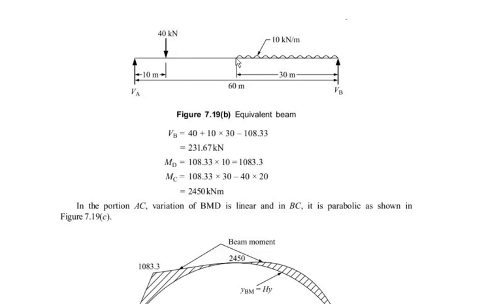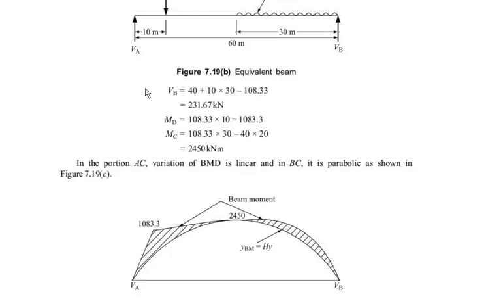So the moment about this point is VA into 30 minus 40 into 20, and the value here is 2450 kilonewton meter. So that is the moment about this point C in the equivalent beam. Always remember, not in the arch. The point C in the equivalent beam has a moment value of 2450 kilonewton meter.